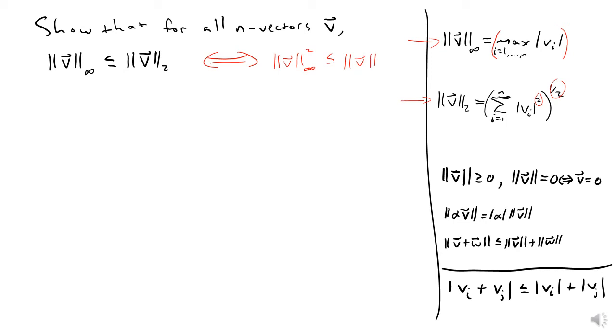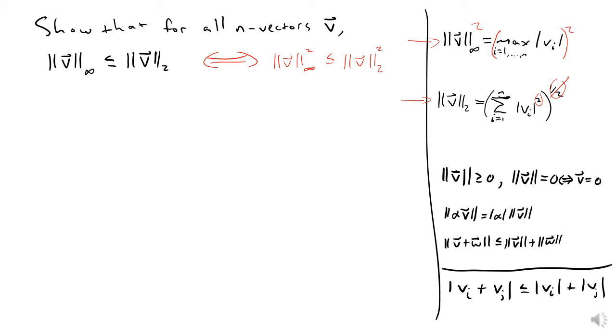The reason I'm doing this here, you won't necessarily do this in all of the parts to question 10, is that it's just convenient here. On the right hand side, by squaring it, I'm getting rid of the square root, and on the left hand side, by squaring the infinity norm, I'm taking that max entry and squaring it.